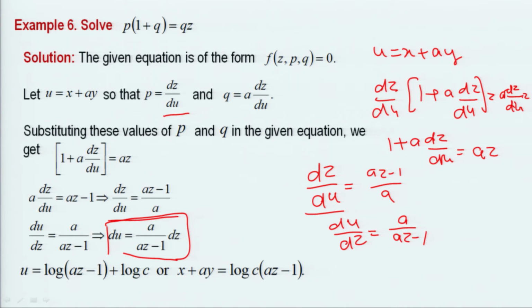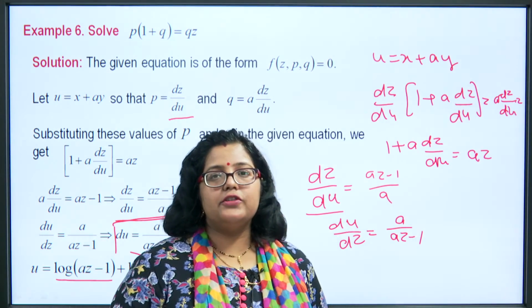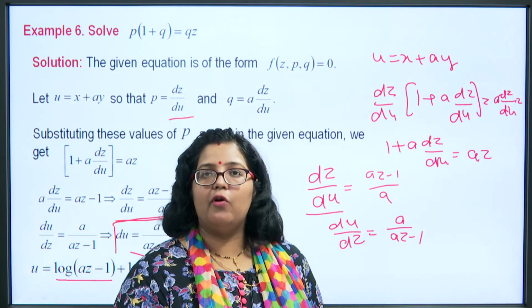On integrating, we get u = log(az - 1) + log c, where c is an arbitrary constant. The equation is written as x + ay = log c(az - 1). We again see here there are two arbitrary constants a and c, and two independent variables x and y. And we go on to the last, type fourth.